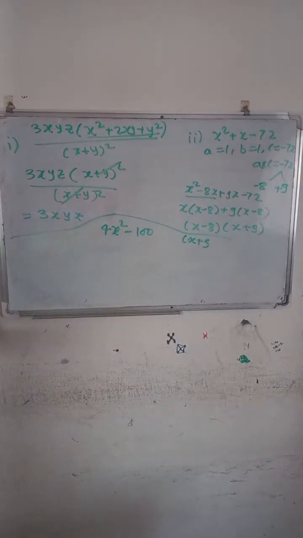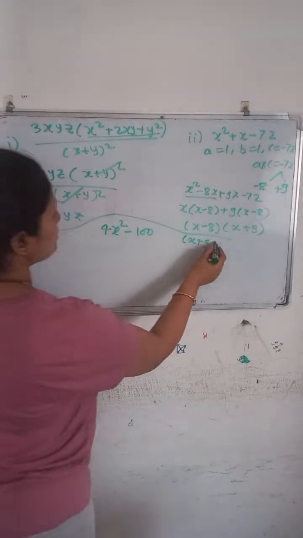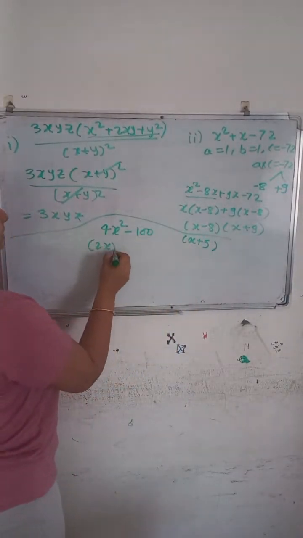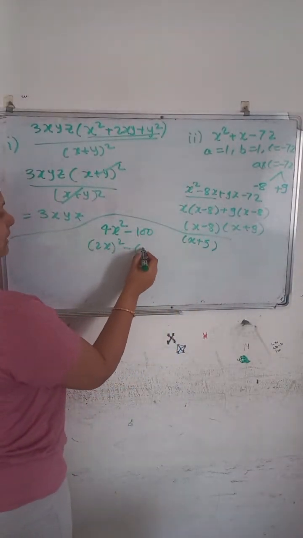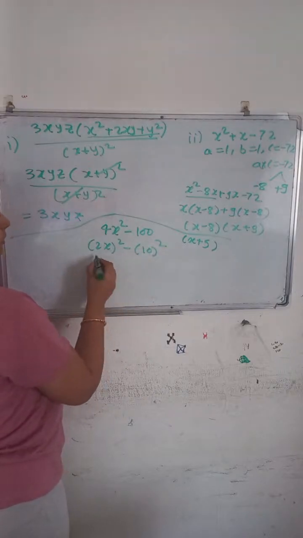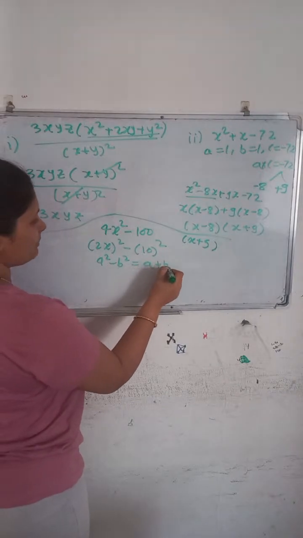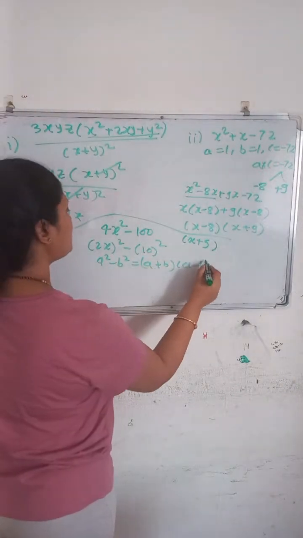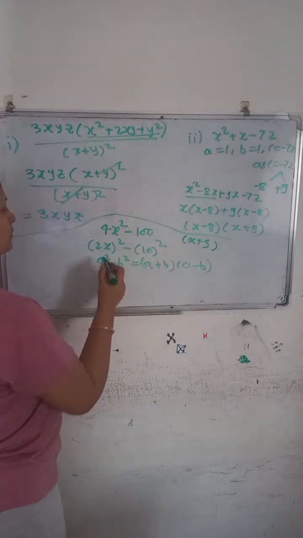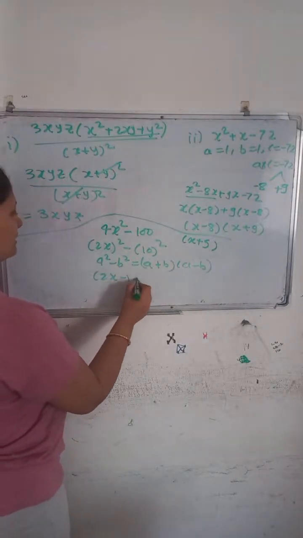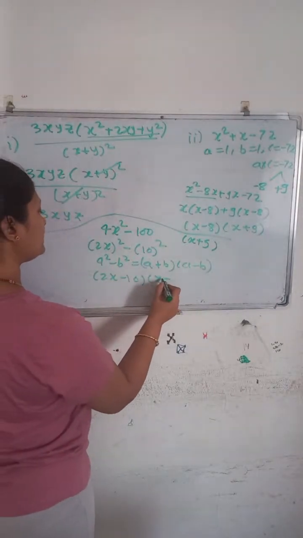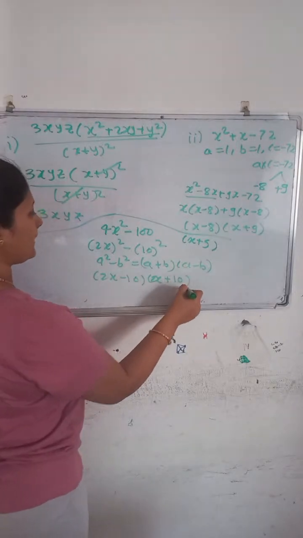So one factor is x plus 5. So can I write this as (2x) whole bracket square minus 100, that is 10 raised to 2. So can I use the identity a square minus b square, that is (a plus b) and (a minus b). So here can I write (2x minus 10) and (2x plus 10).